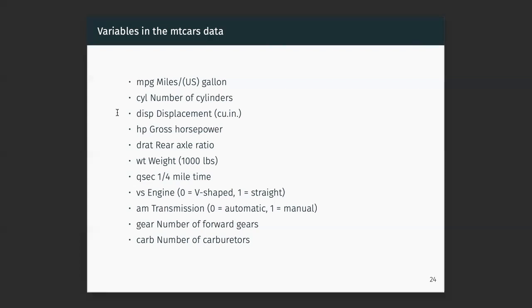So what's the expected value for miles per gallon when horsepower equals 200?